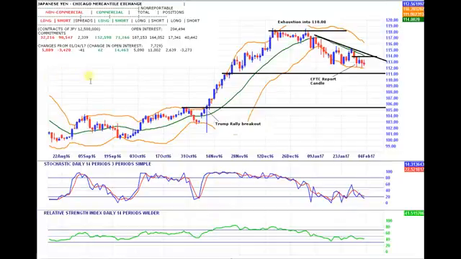Now, the commercials have bullish bets of just over 152,000 positions, bearish bets on the yen of 71,000. So they're just over 2 to 1 in terms of bullish yen bets, or being bearish USD JPY.